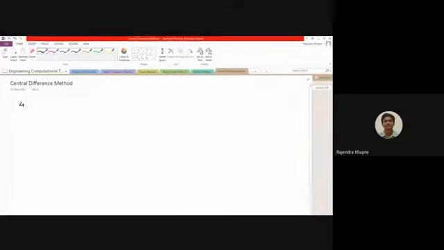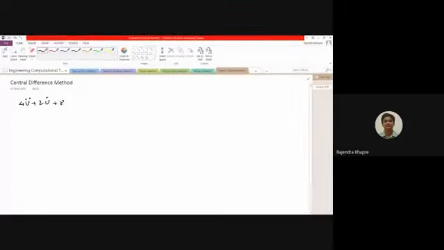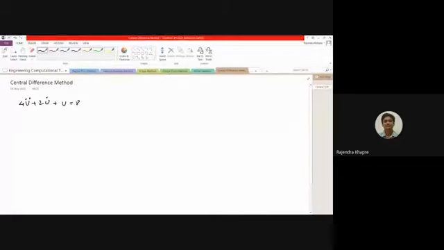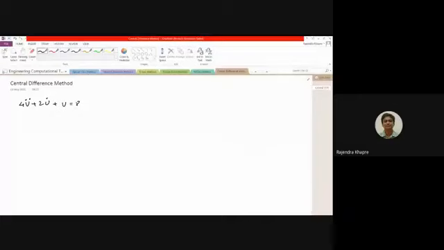So my expression is 4 times u double dot plus 2 times u dot plus u equals 8. So this is a simple 1 by 1 matrix. I am talking about only a simple 1 by 1 matrix.